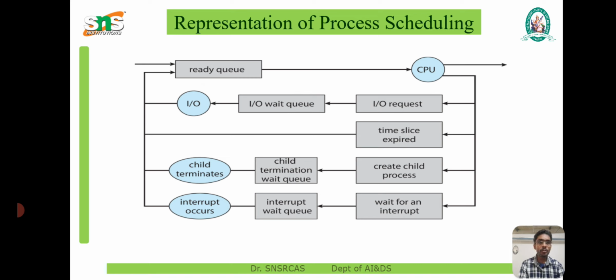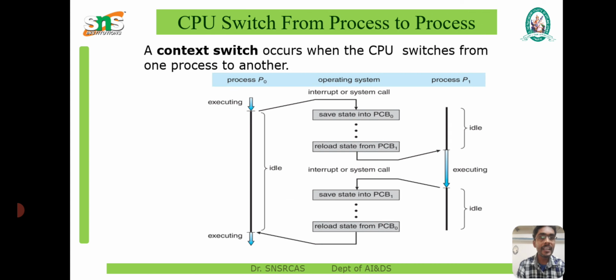Those processes create a child process as well as wait for an interrupt event, and are all moved to the wait queue status. Once the request or resource is received, that particular process is moved from the wait queue to the ready queue. Then the ready queue automatically moves that process to the central processing unit core for execution.